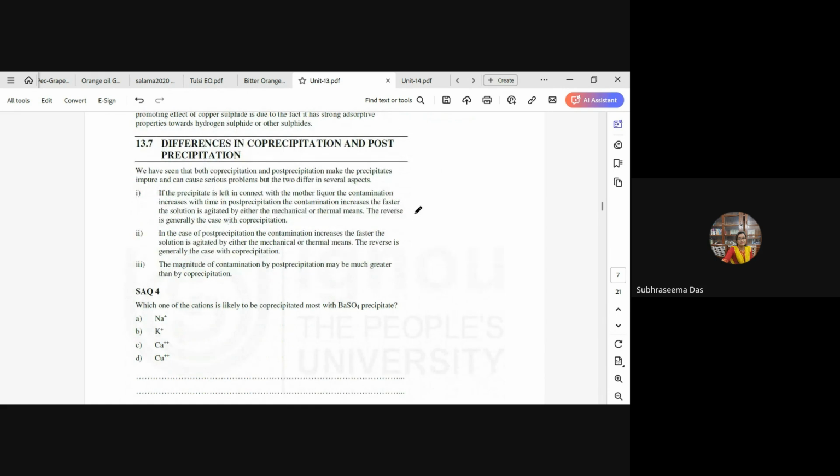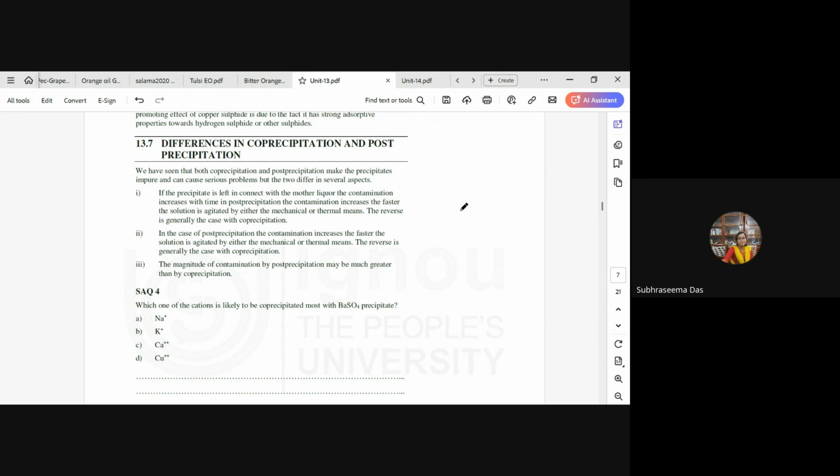Now, coming to some of the differences between co-precipitation and post precipitation reactions. The major points of difference are: number one, if the precipitate is left in contact with the parent liquor, then the contamination increases with time in post precipitation. Also, in post precipitation the contamination increases the faster the solution is agitated, if we stir it mechanically.